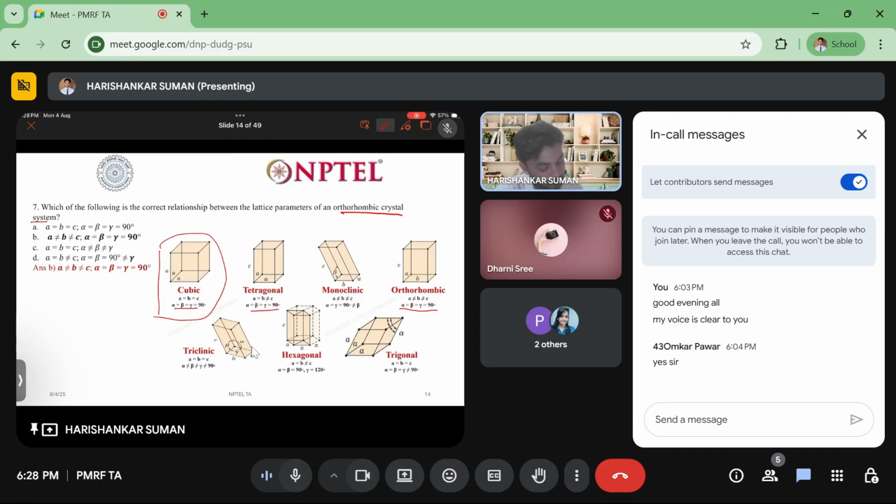These three are the systems which have alpha, beta, gamma equal to 90: cubic, tetragonal, orthorhombic. The others don't have angles equal to 90. Triclinic, A, B, C are not equal and the angles are not equal. Okay. These are the relations, please remember.